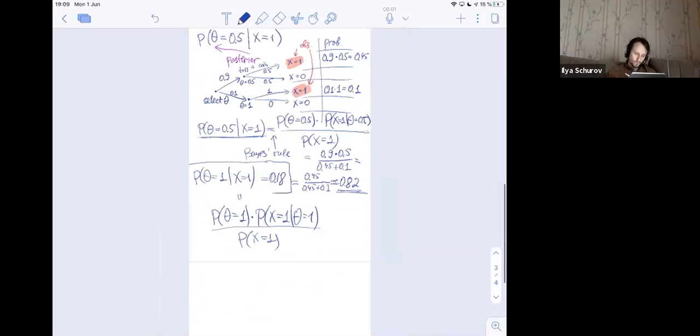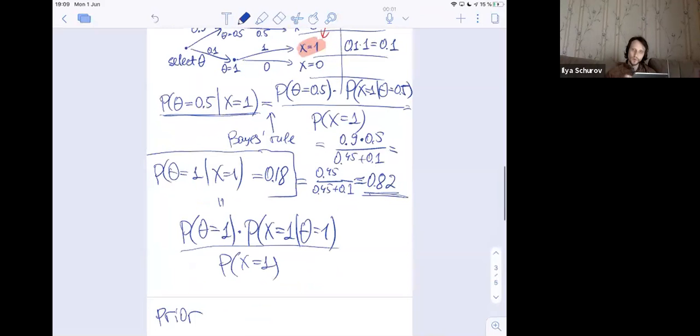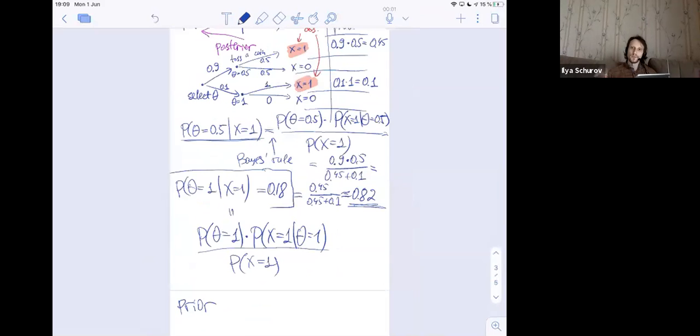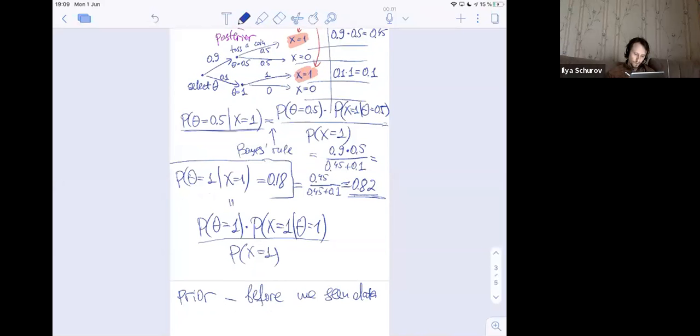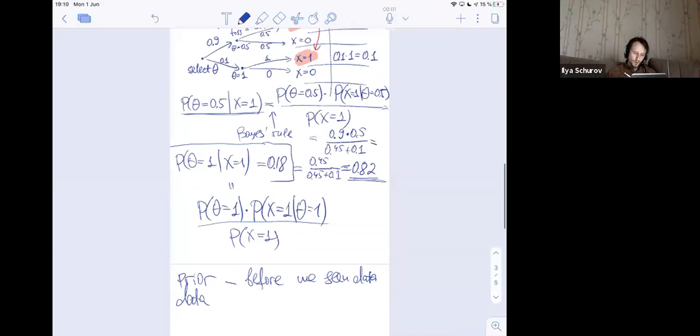We have some prior, this is our info about the world that we know before we have seen any data. Then we see data, and we use both of them to create a posterior. This is our updated beliefs.